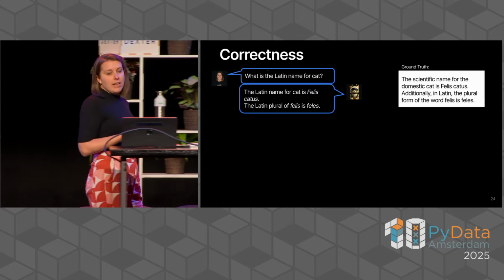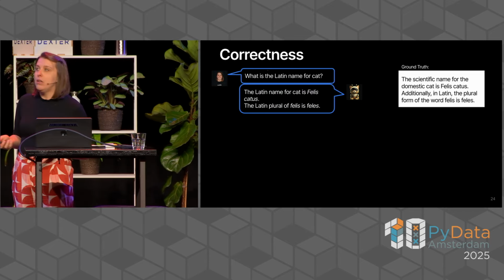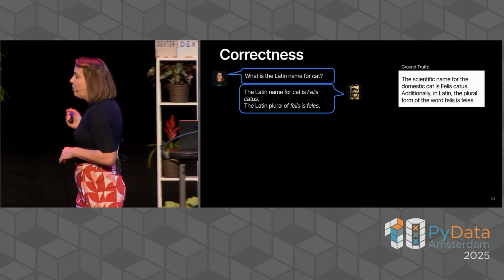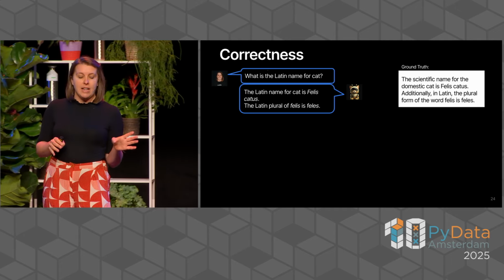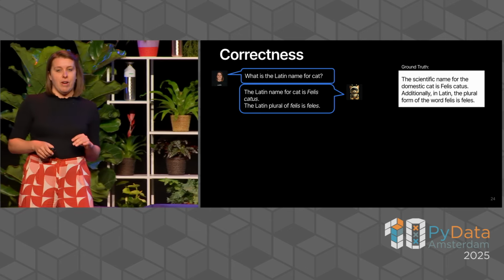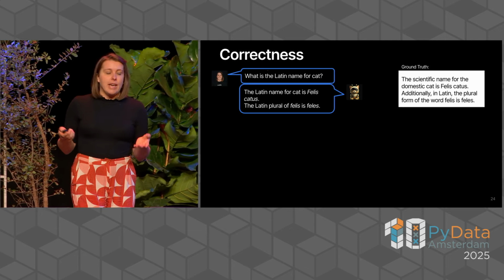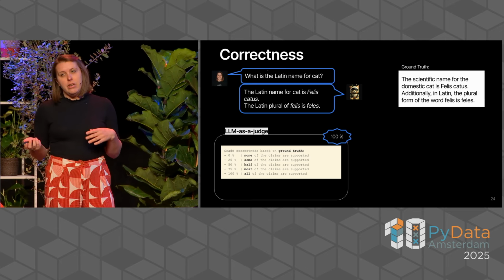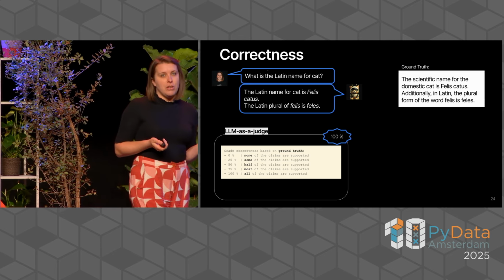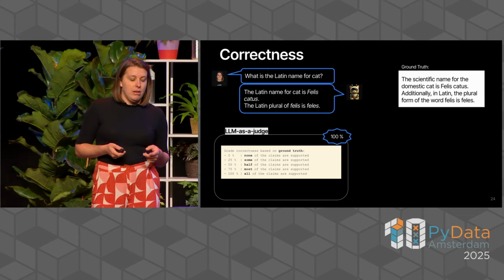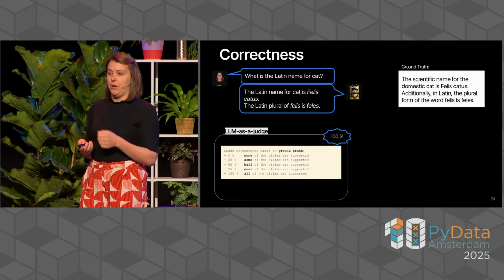When we look at correctness, and with the same example, what changed now is the ground truth. So let's assume everything that's in the answer of the chatbot is also found in the ground truth. So again, LLM-as-a-judge approach, pretty similar to before, a definition, a grading scale, and here we get a 100% score.